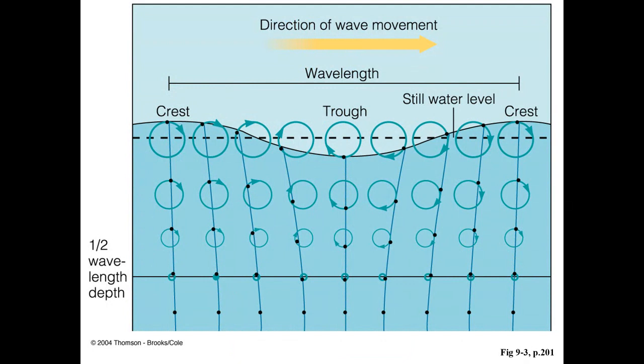You'll notice at the top here that the top of the orbit matches the crest and the bottom of the orbit matches the trough. That explains, of course, that as you go across, you're going from crest to trough each time as the energy travels through the water, okay?